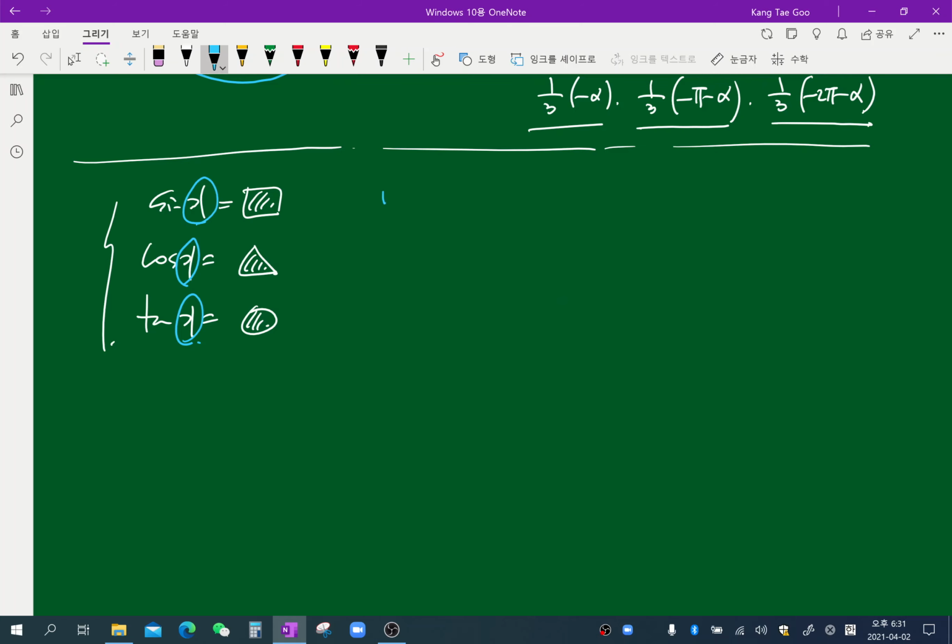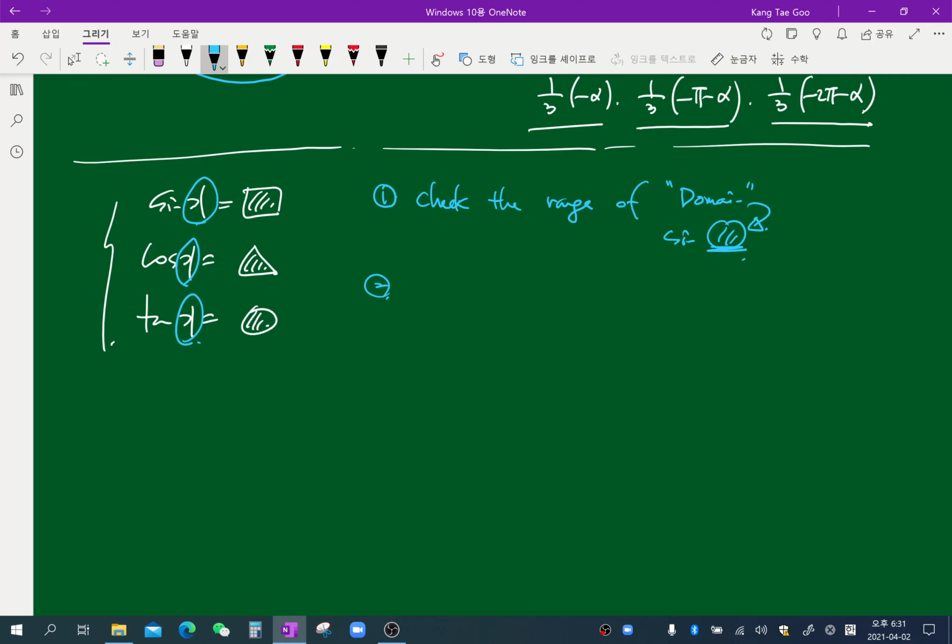So the first thing you should do is check the range of the domain, which is inside the sine. We should convert the range of this part.